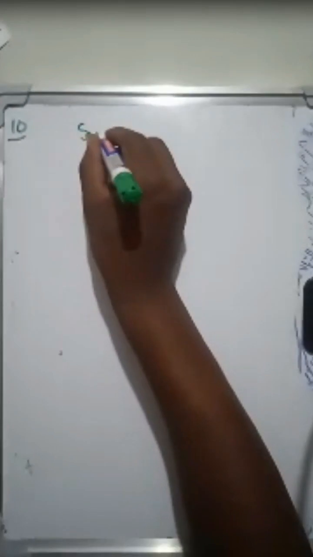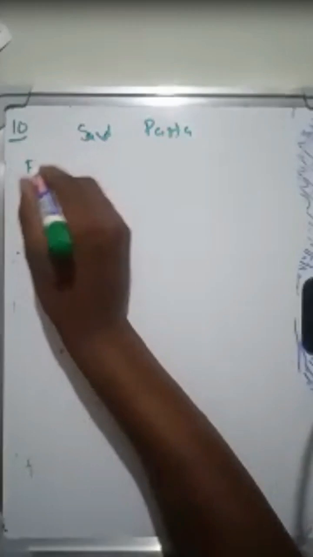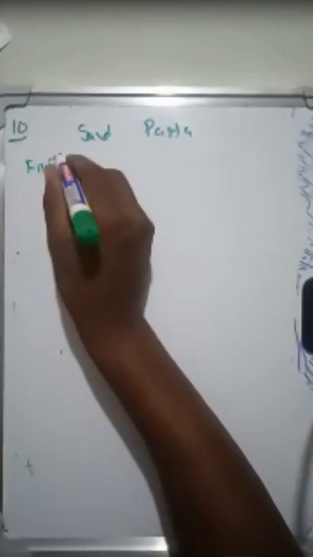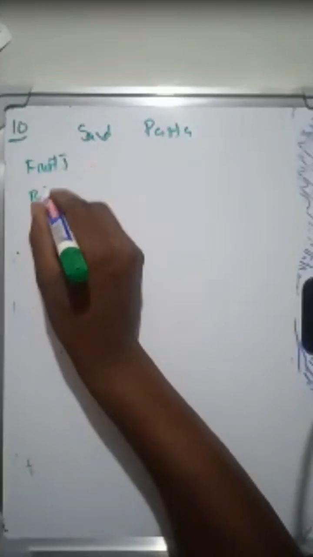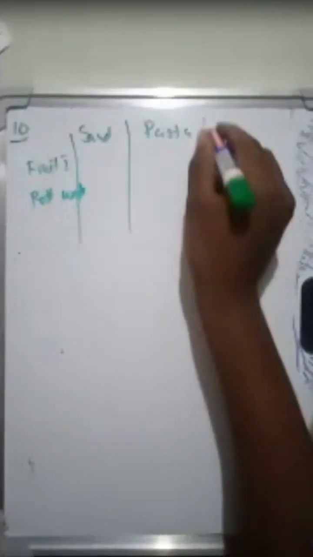Still on that question, I want us to do 10.2, which is a contingency table. Our contingency table is having sandwich, pasta, then fruit juice, bottled water, like that.